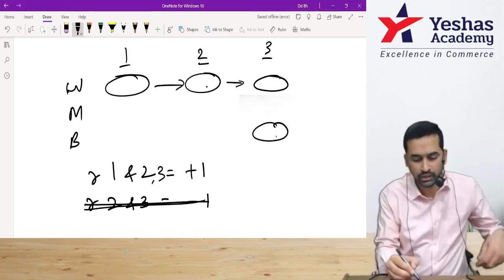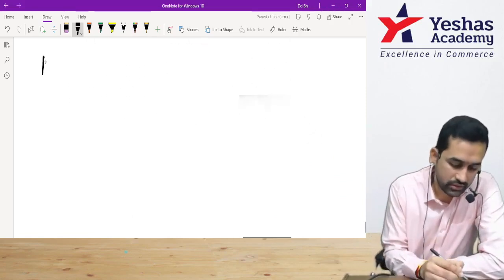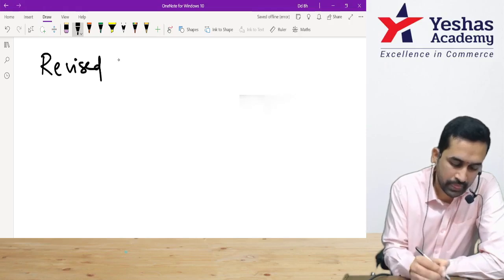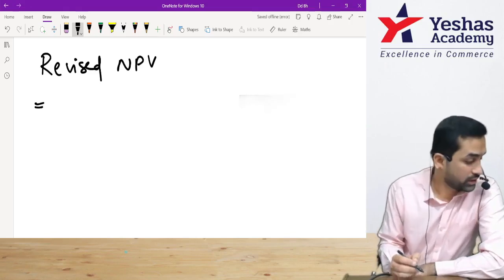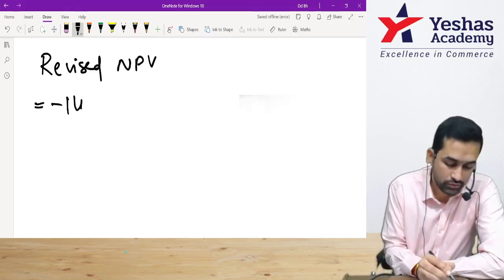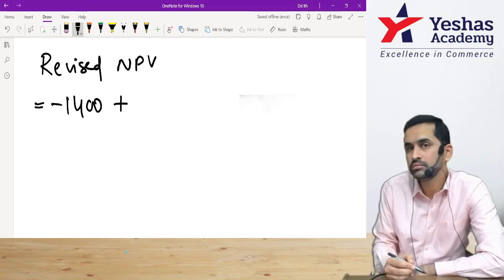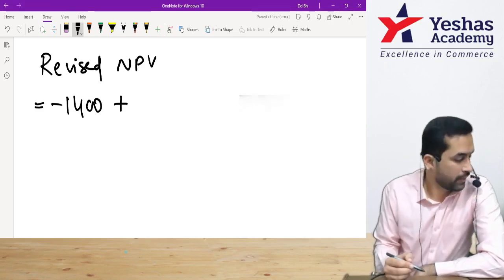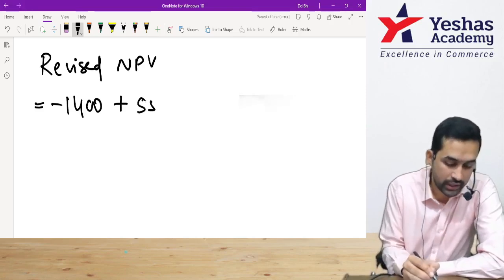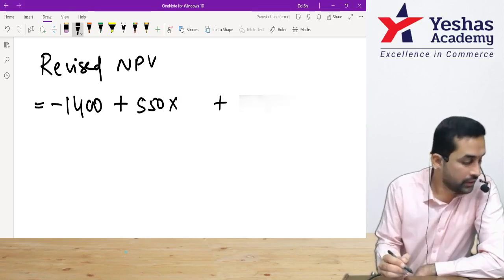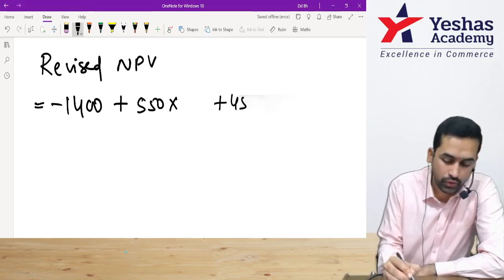Clear? Start now. Revised NPV is equal to, what are they saying? First outflow, no change. Read that paragraph. Most likely result for first and second. That means I should take 550, 450.